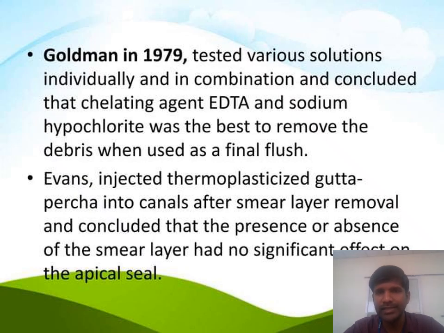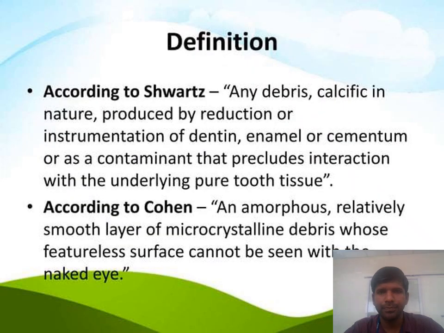Goldman in the year 1979 tested various solutions individually and in combination and concluded that the chelating agent EDTA and sodium hypochlorite was the best to remove the debris when used as a final flush. Evans injected thermoplasticized gutta percha into the canals after the smear layer removal and concluded that the presence or absence of the smear layer had no significant effect on the apical seal.